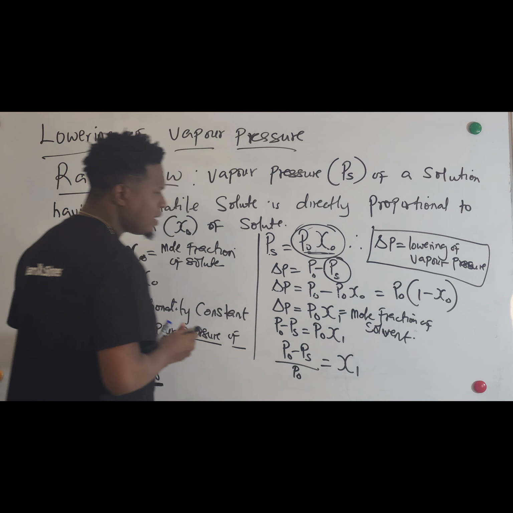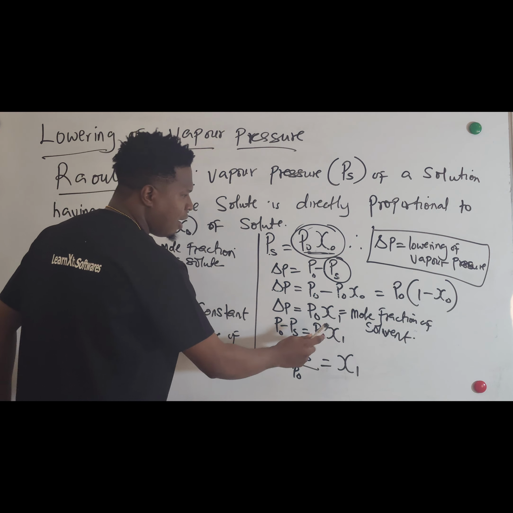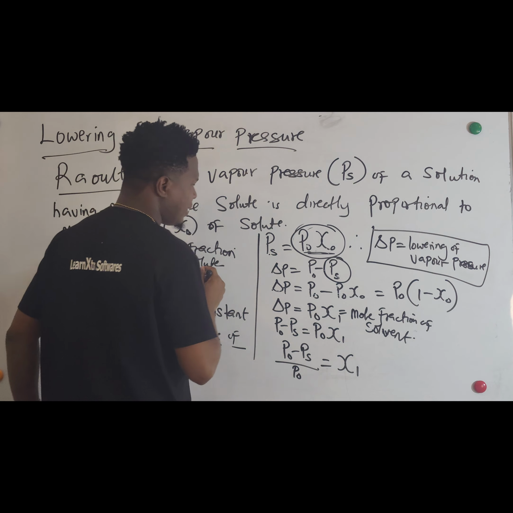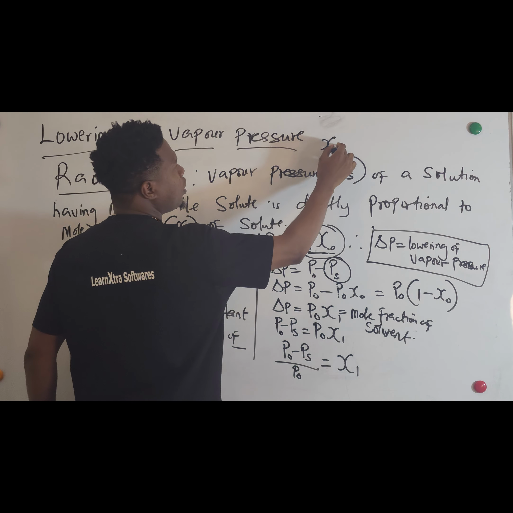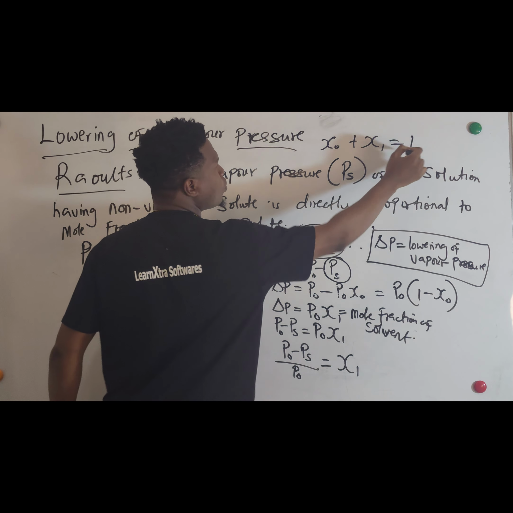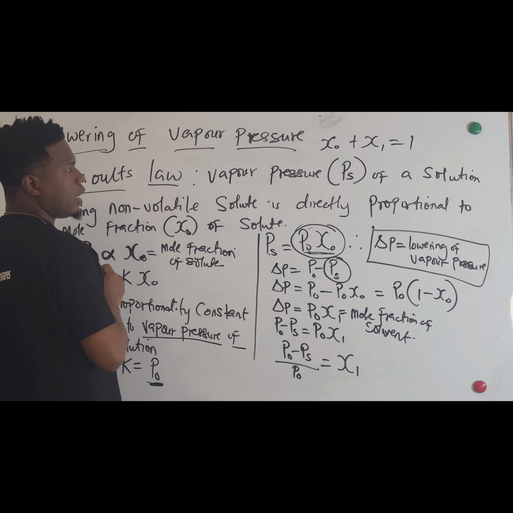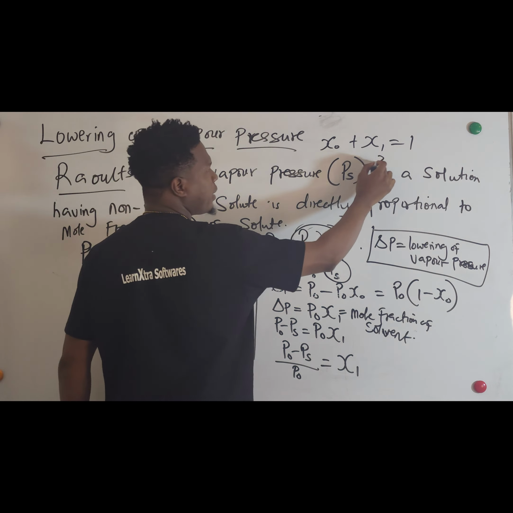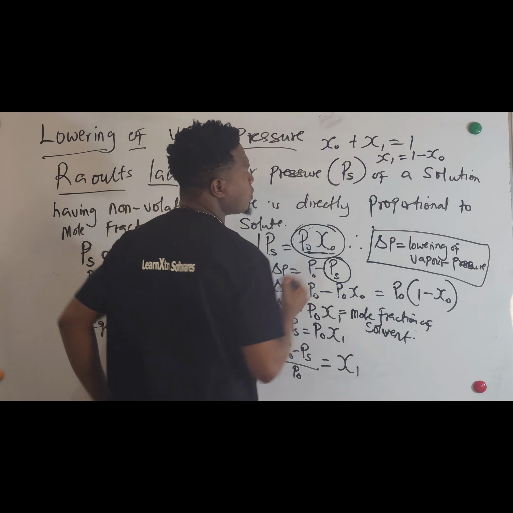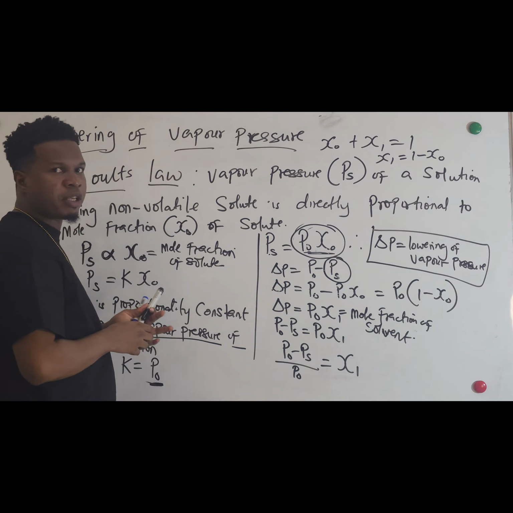Now, somebody will ask, how did we come about X1 inside this place? Recall that mole fraction of solute plus mole fraction of solvent is equal to 1. So X1 will be equal to 1 minus X naught. Let's make it the subject.